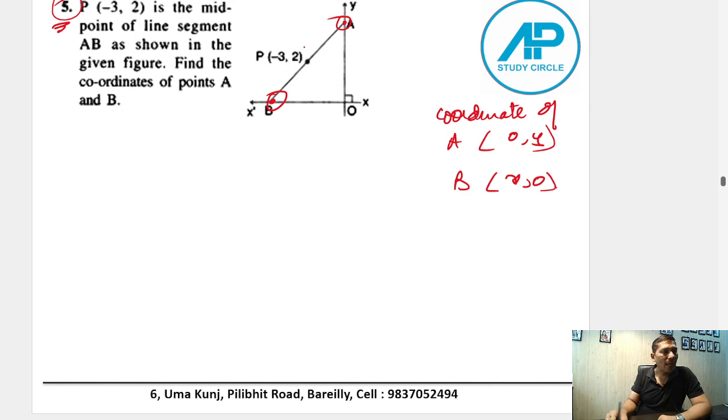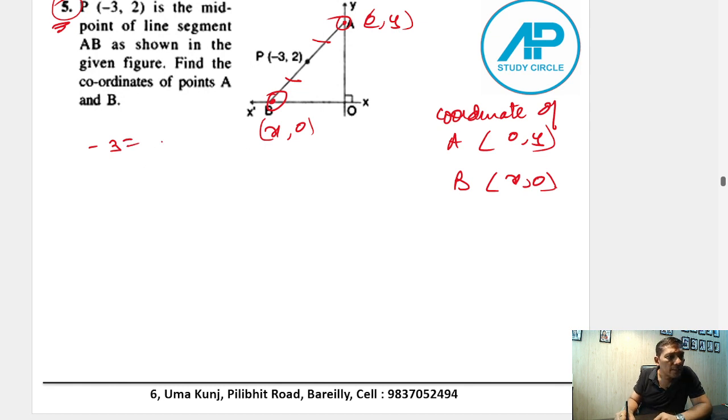Fine. And this is the midpoint of line AB. So what can I do with this? I can put a point here, 0, y. Don't bother about the negative or positive sign. Just put x, 0 and 0, y.